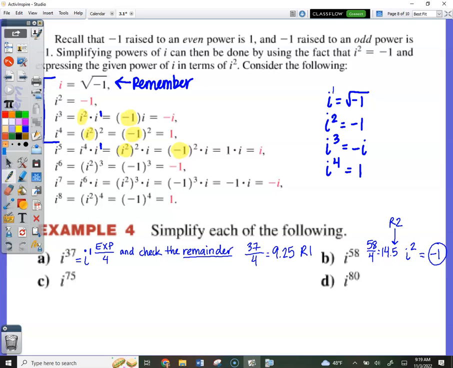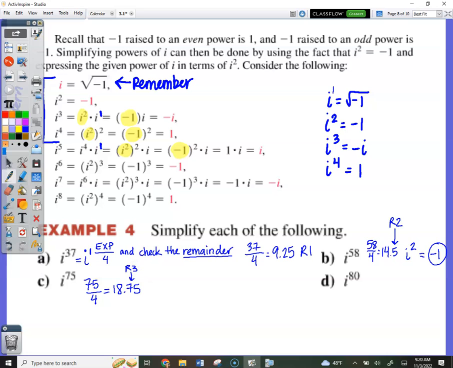Let's go to C. i to the 75th power. Okay, 75 divided by 4. 18.75. Direct your attention to the decimal. How many quarters is that? So that's a remainder of 3.